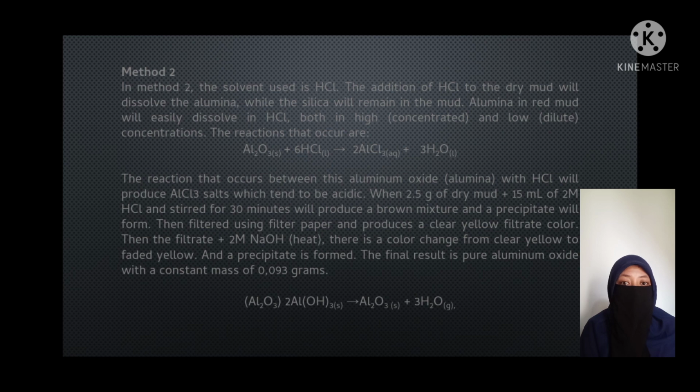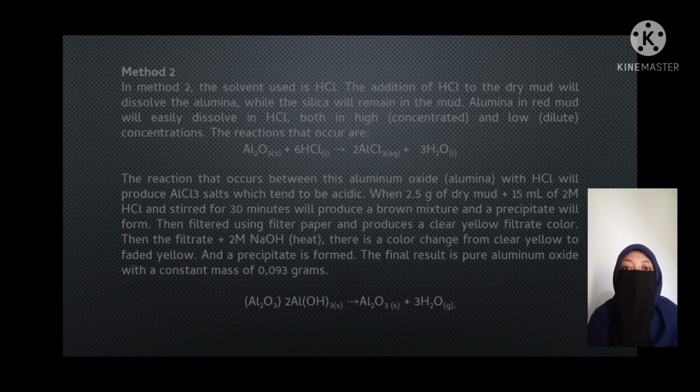The reaction occurs: Al2O3 plus 6 HCl results in 2 AlCl3 plus 3 H2O. The reaction between this aluminum oxide, alumina, with HCl will produce aluminum chloride salt.